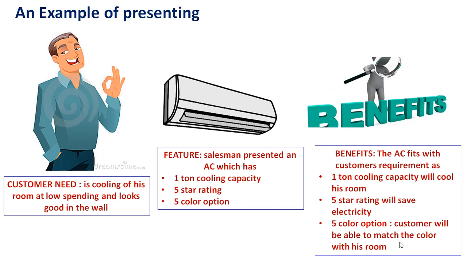As the AC has a 5-star rating, it will consume the least electricity, it will be lighter on the pocket of the customer, and the customer can easily afford it. And the air conditioner comes with 5 color options, so the customer can always match the color with his room, which will definitely make his room look good as well. In this way, the sales professional can relate the features to the customer requirement and successfully close the sale.